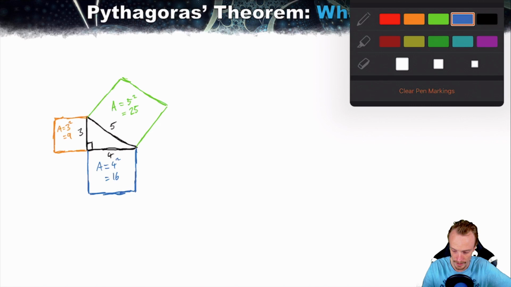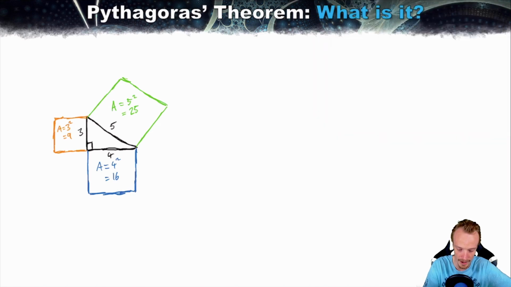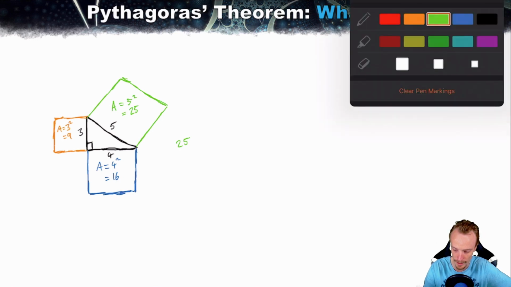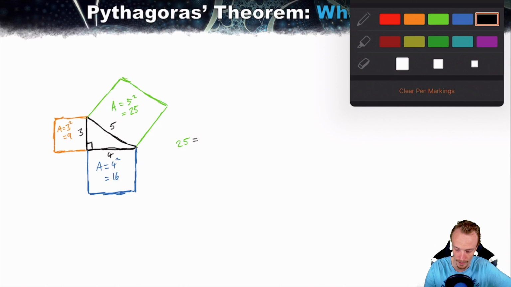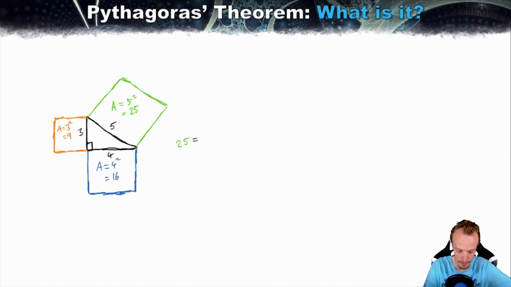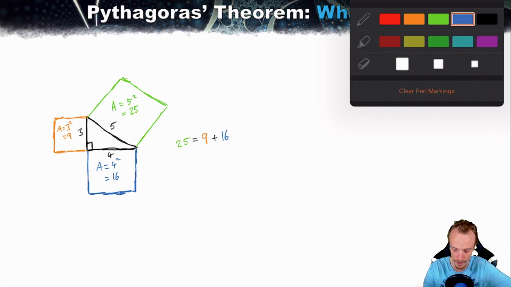The area of the larger square, that 25, should be equal to the area of the 2 shorter squares added together: 3 squared, which is 9, added with 4 squared, which is 16. And you can see that 9 plus 16 does equal 25.